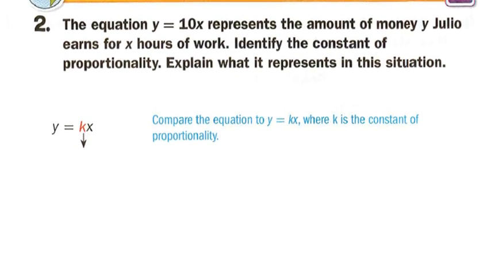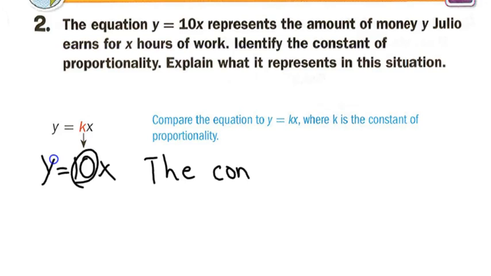So that's our y equals kx standard format. This is where we don't have any values. Well, they're telling us that the equation in this case for Julio is y equals 10x. Well, if we want to know what the constant of proportionality is, guess what? It's just k. So what value is in place for k? Well, 10.